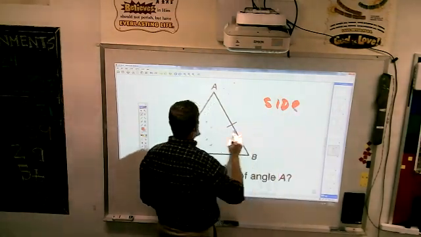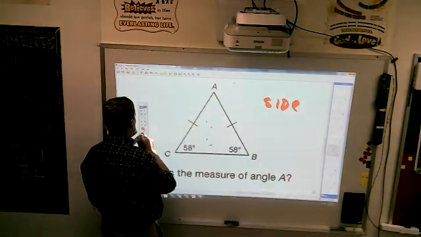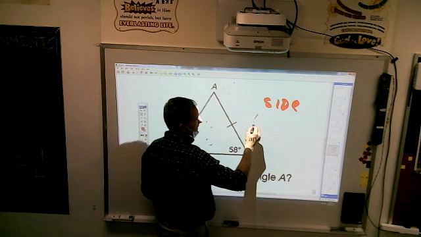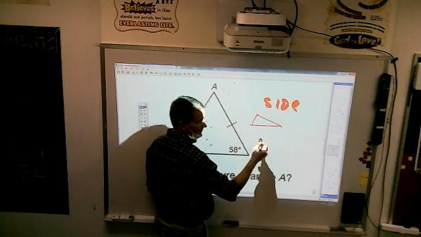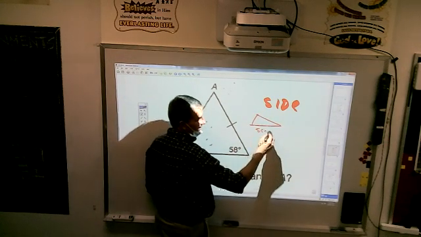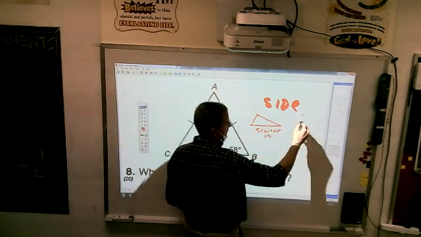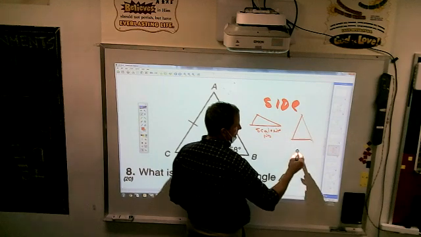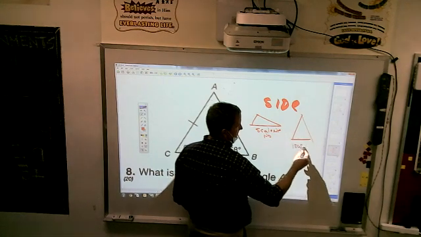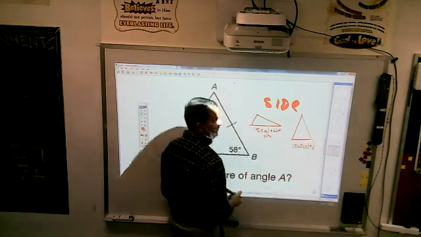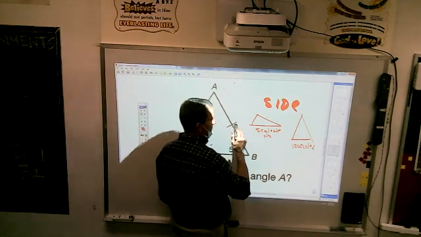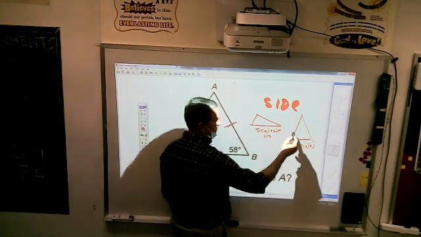When you classify a triangle by its sides, you only have 3 options. You have the option where there are no sides equal. That's scalene. No equal sides. You have the option where 2 sides are equal, and that's isosceles. And the way you know that 2 sides are equal is they give you these handy dandy little hash marks there.